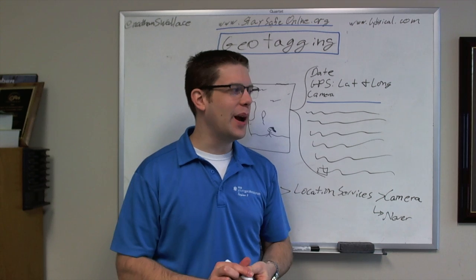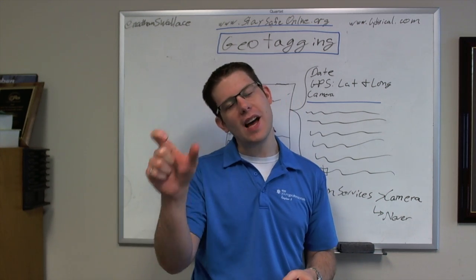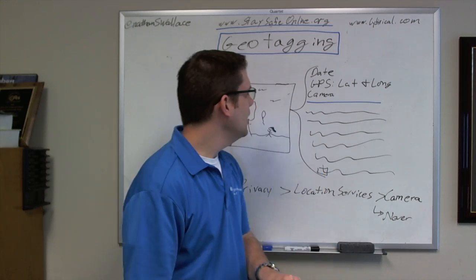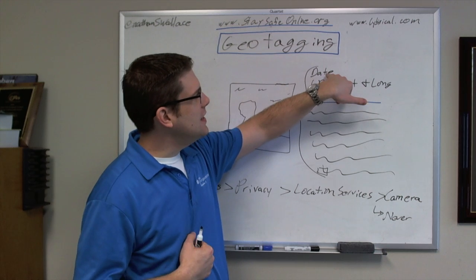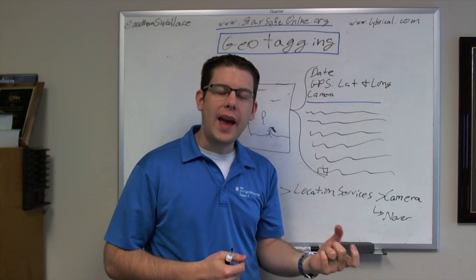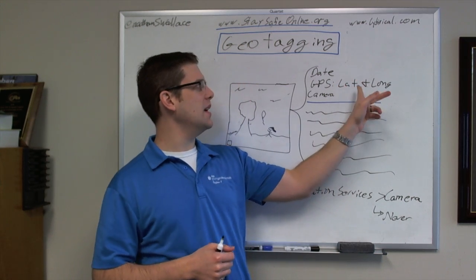Back in the old days, when we had a digital camera, it just superimposed the timestamp on top of the picture. Now, with smartphones, everything's digital, and it has the date, the day and time the image was taken, as well as the GPS lat and long.